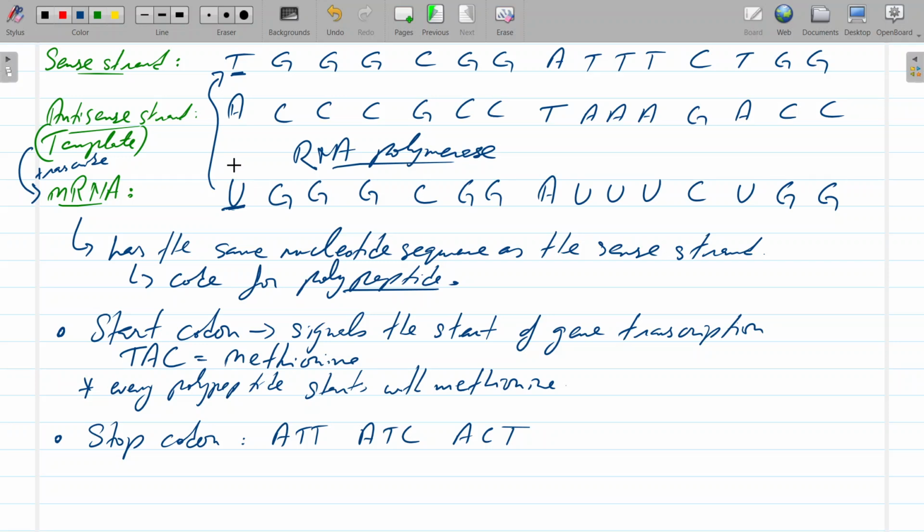Okay, so the RNA polymerase makes the mRNA, reaching the stop codon, and we're done with that. And now you have your mRNA molecule. So the mRNA molecule leaves the nucleus via the nuclear pore.